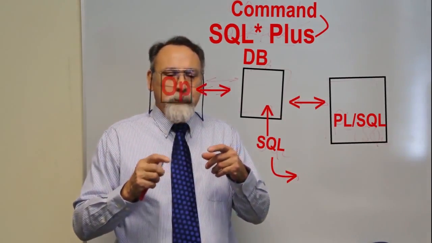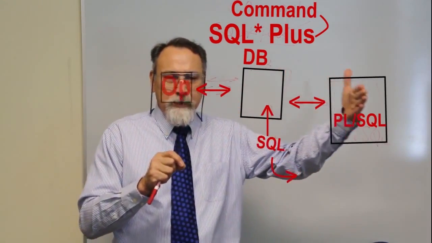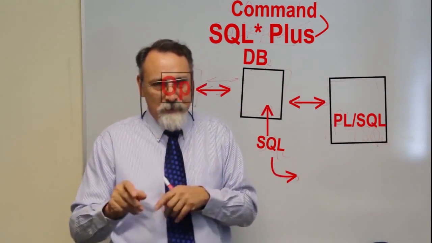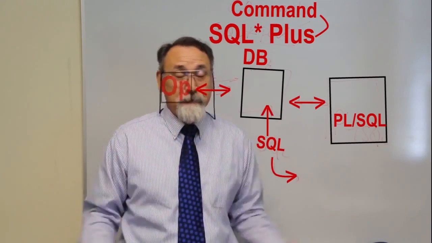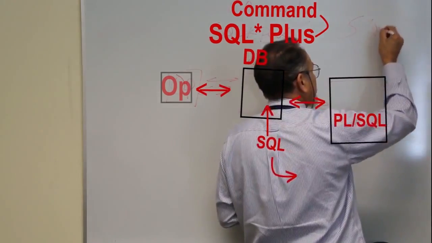By clicking a button, you're actuating code that's giving you the information. Instead of having to type it out, it's a mouse click. And that's a very, very nice tool. That tool is called SQL Developer.